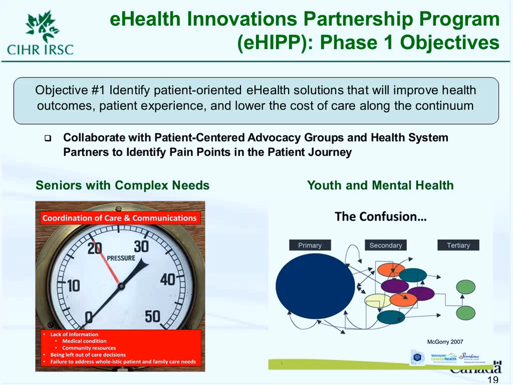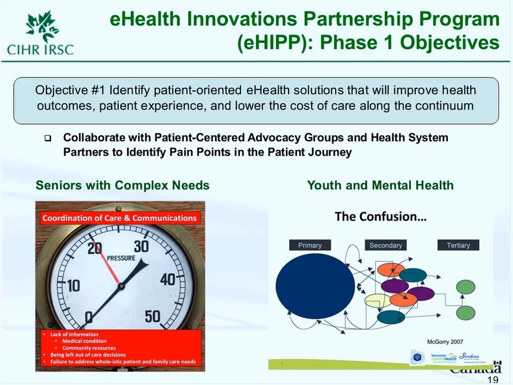We expect for any given group, and we've identified two groups that we are initially focusing on, seniors with complex needs and youth with mental health, that as we've gone through the country hosting with our partners regional workshop events, we've clustered these events around trying to understand the current patient journey and what we've called the challenges or the pain points along the journey where there are gaps and inefficiencies in care that really could potentially be fixed through eHealth solutions.